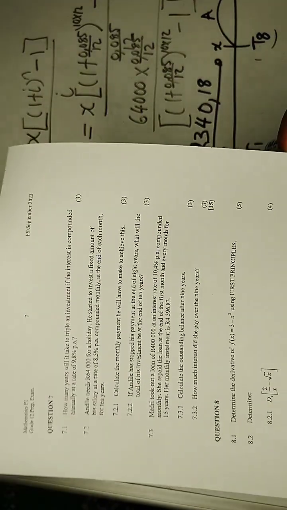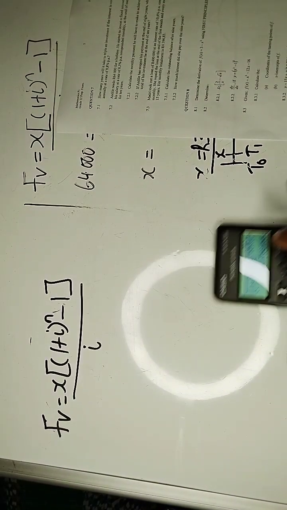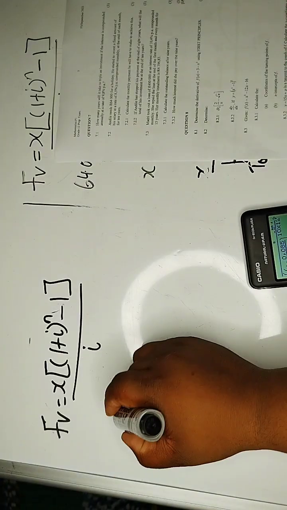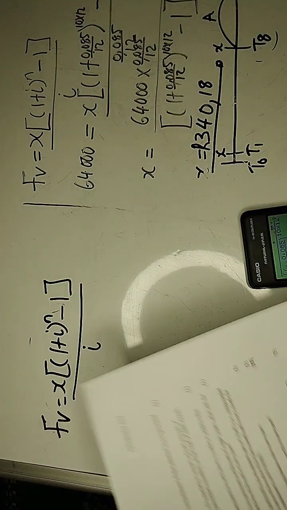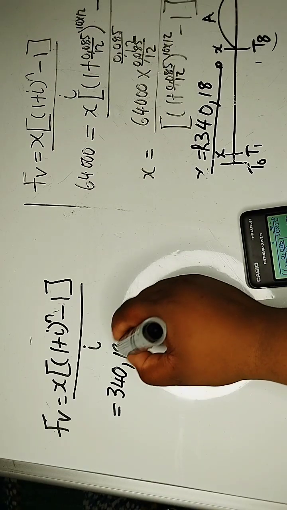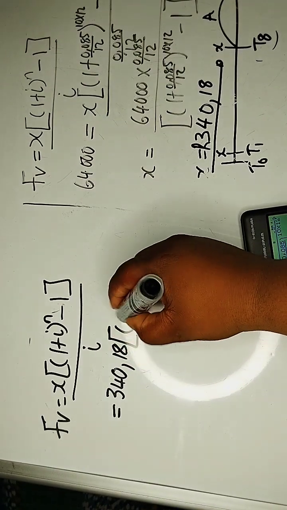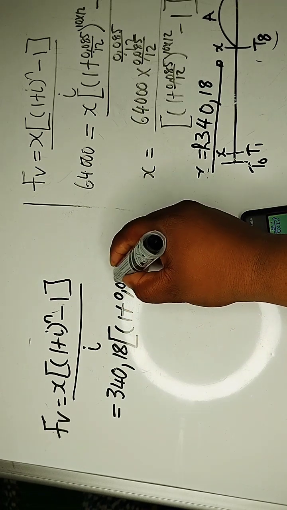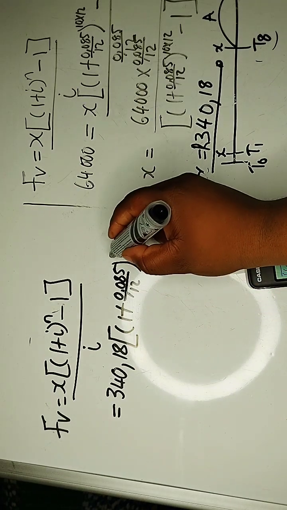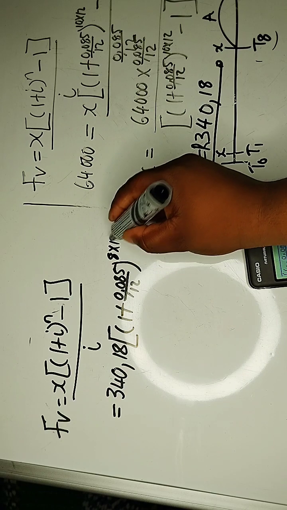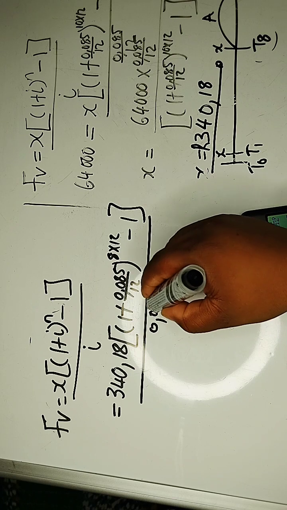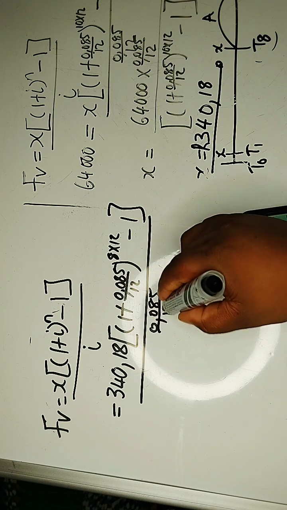Now let's try and do it together. So what do we know here? We know X. Our X is the one we got, which is 340,18 into 1 plus 0,085 all over 12, all raised to 8 times 12, minus 1, all over 0,085 all over 12.